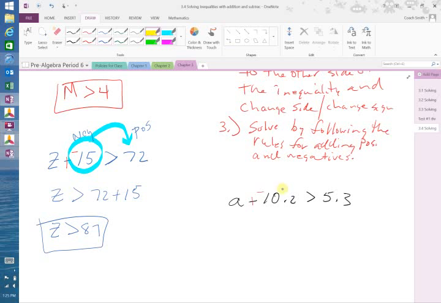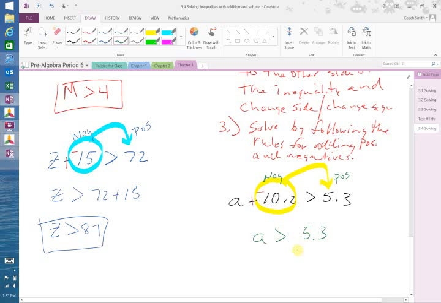Now I'm going to take the negative 10.2 over to the other side. Here it was a negative. Here it becomes a positive. So that gives me A greater than, since they're decimals, I'm going to go ahead and line them up like so.